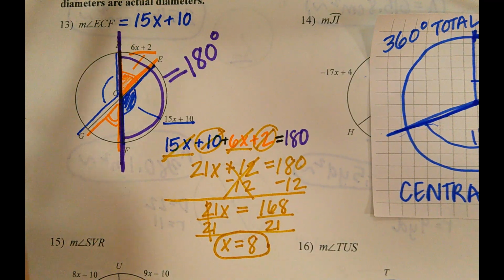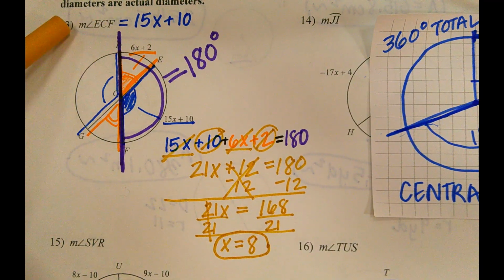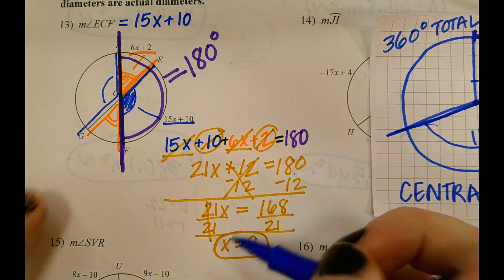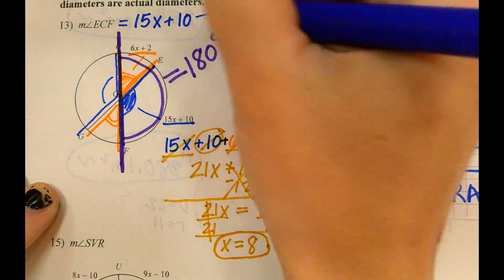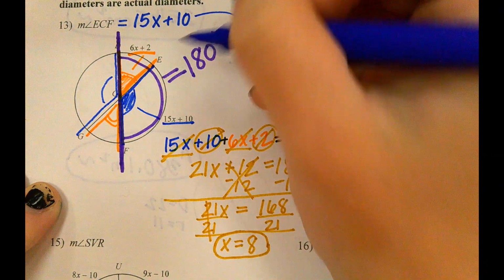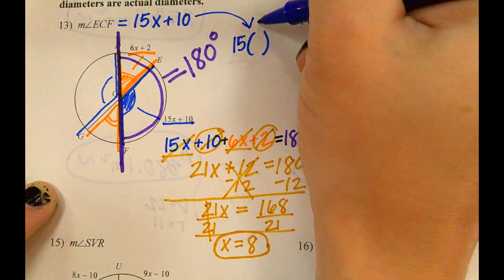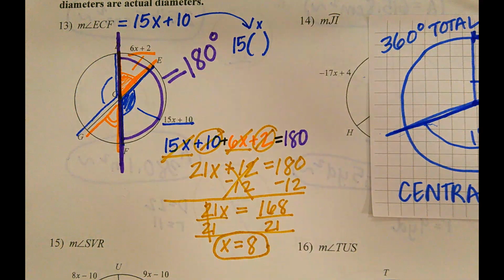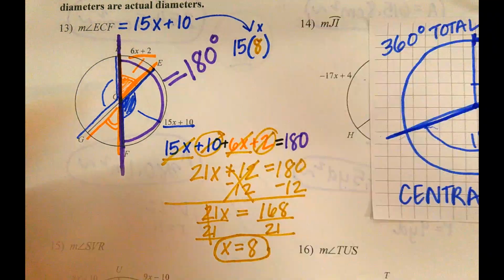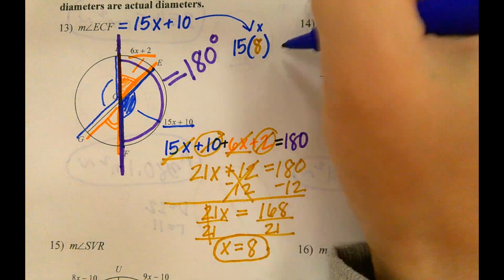But we want the measure of angle ECF. It would be bringing back ECF, 15 times 8 plus 10. Yes. The last step, now that you have x, we need to plug that in to solve for ECF. So 15 times, instead of x, we'll do 8 plus 10.